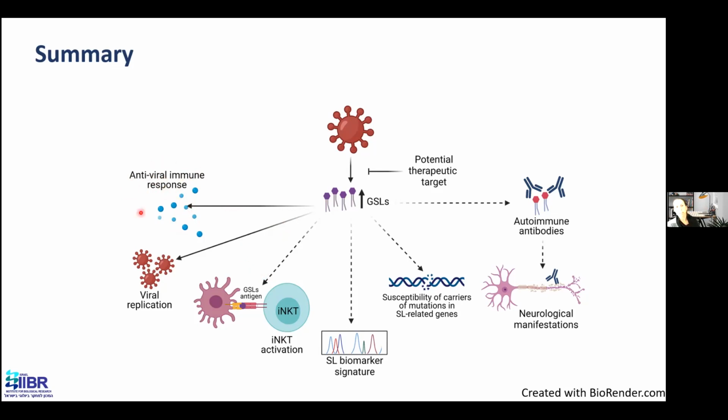When I say antiviral, it's the type 1 interferon that Tony showed is triggered. Maybe they can also induce iNKT cells, another arm of the immune response. And maybe we can take advantage of this alteration in the lipid profile and use it as a biomarker for viral infection and disease. Maybe it can explain some of the long-lasting neurological manifestations, and it can be a risk factor.